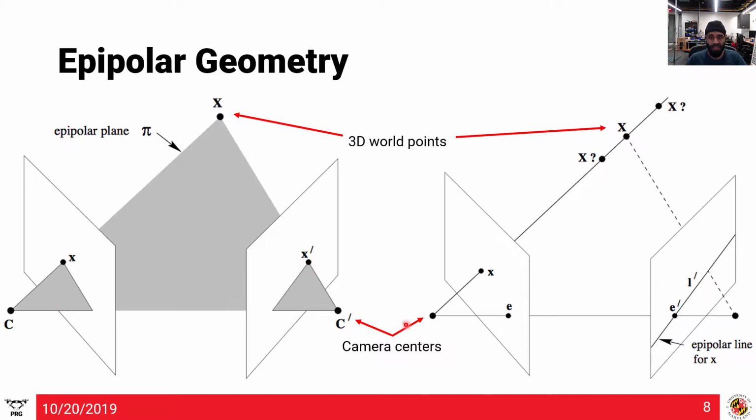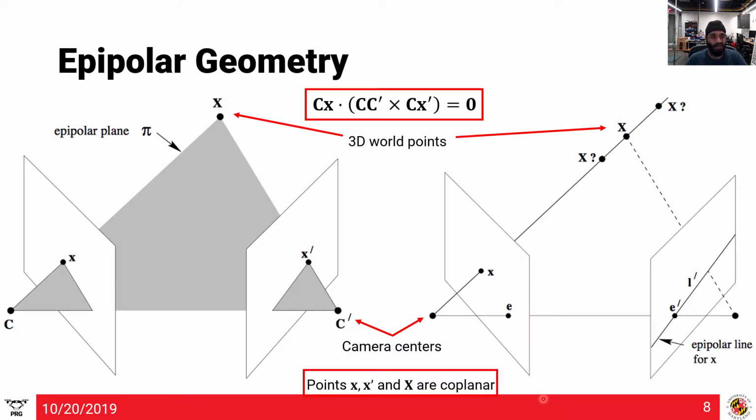Now can you think how to formulate the relationship between the corresponding image points x and x dash? Just think about it. Let C and C dash be the respective camera centers, which form the baseline for a stereo system. Clearly, the points x, x dash, and capital X are coplanar, right?